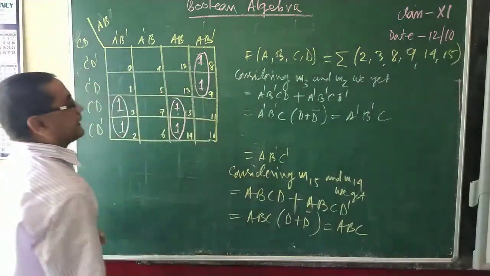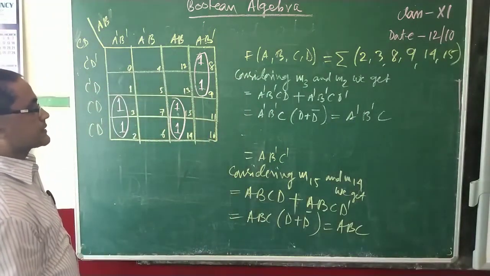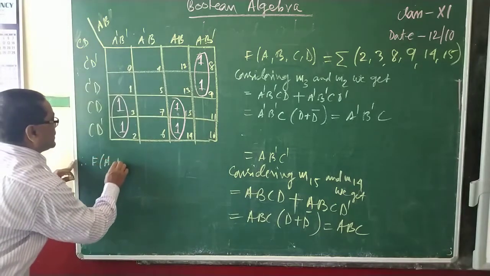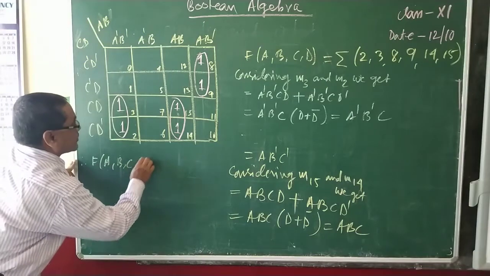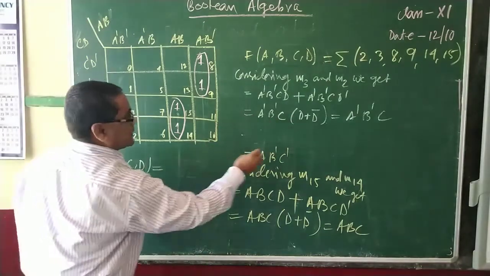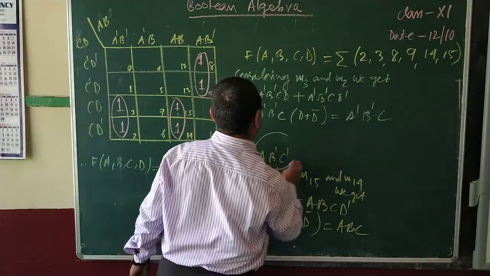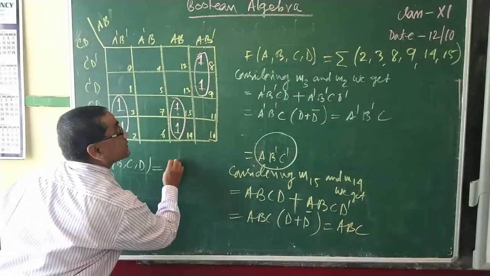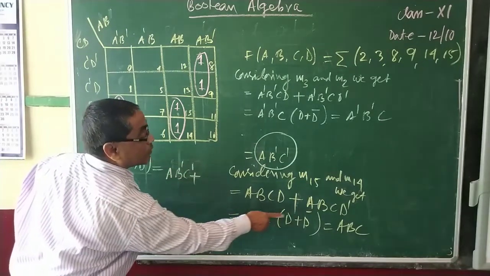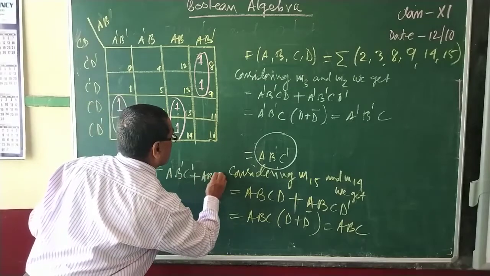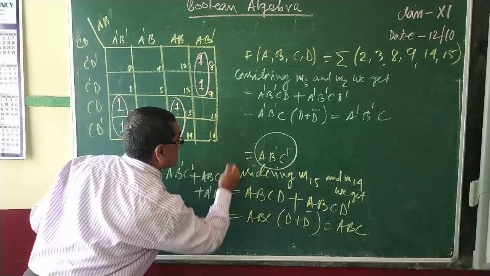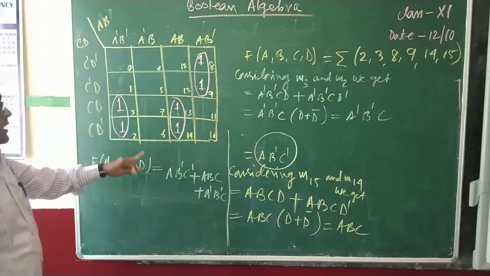Now we have to write the entire answer. Therefore F(A,B,C,D) equals, first one we got, A B complement C complement, plus the second one A B C, plus the third one A complement B complement C. So this is the ultimate answer of this question.